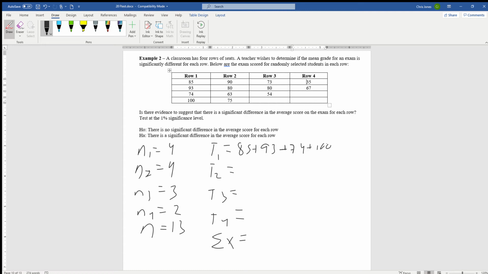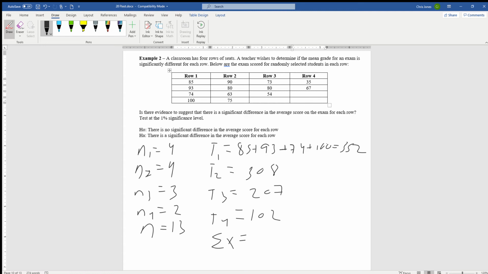I ended up with 352. And then I'll go ahead and add the rest of them up. So 308. If you could check these just to verify that I'm indeed correct, that would be appreciated. 207. And the last one's going to be 102, I believe, just by inspection.